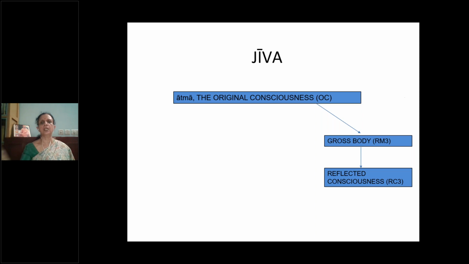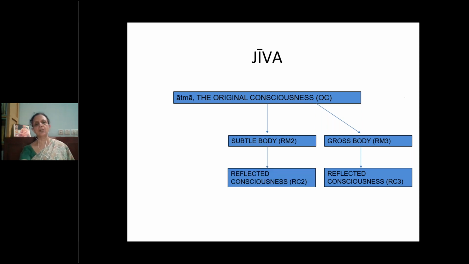So there is an original consciousness. Its reflection in the gross body or sthula shariram, I've termed this RM3 because it is reflecting medium 3, generates reflected consciousness RC3, right? And there is the same OC or original consciousness which is reflecting in the subtle body or Sukshma Shariram, RM2, called reflected consciousness RC2.